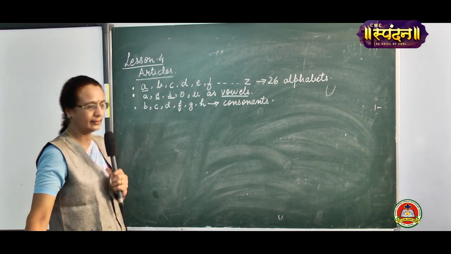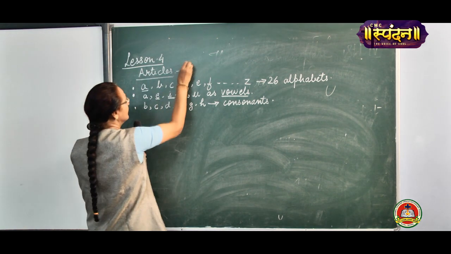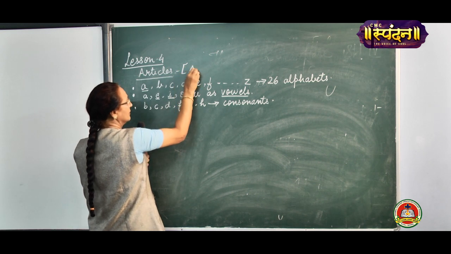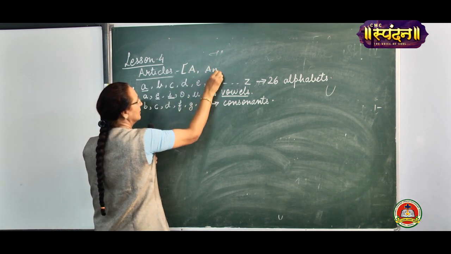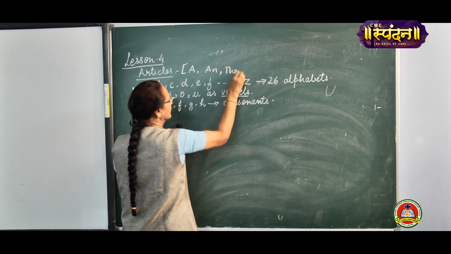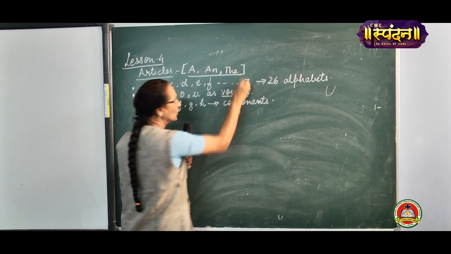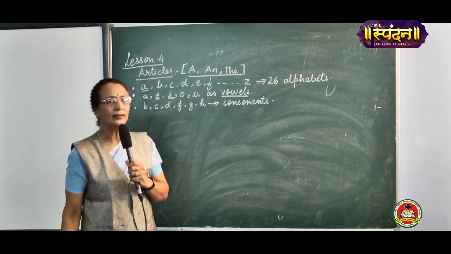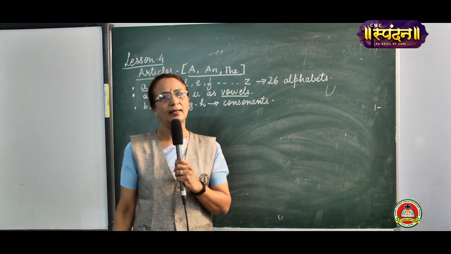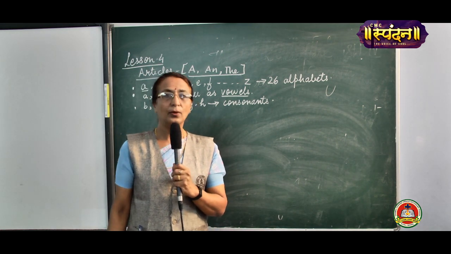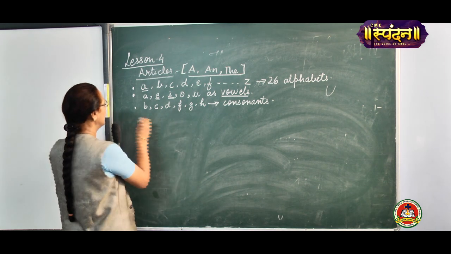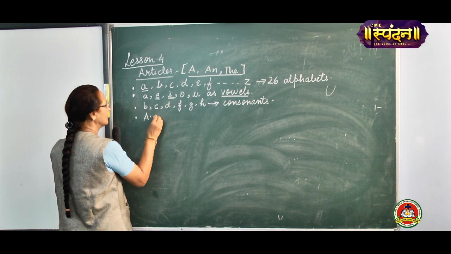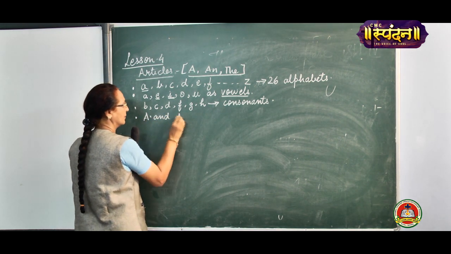So, what are articles? Articles are a, an, and the. We have got three articles: a, an, and the. Now, a and an suggest one.